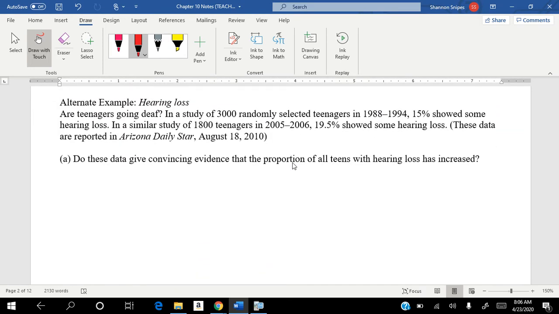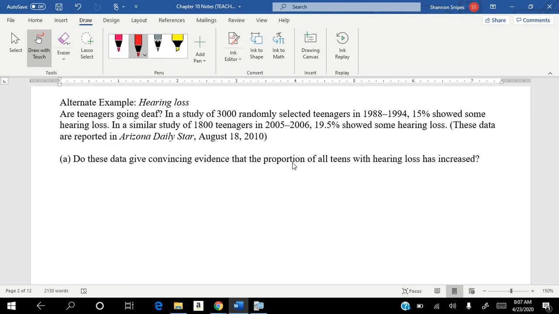In a study of 3,000 randomly selected teenagers in 1988 to 1994, wow, it's pretty old data there, 15% showed hearing loss. In a similar study of 1,800 teenagers, 19.5% showed some hearing loss.